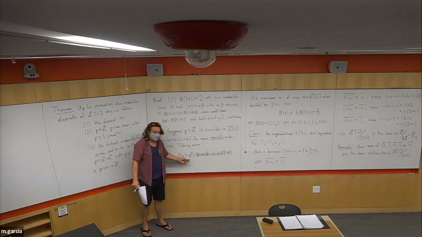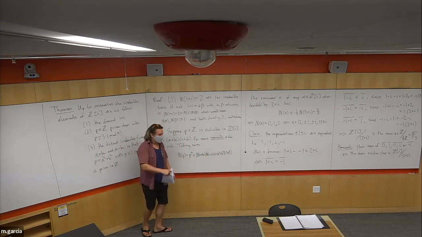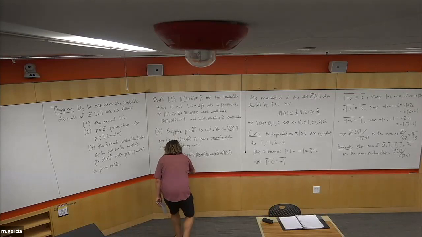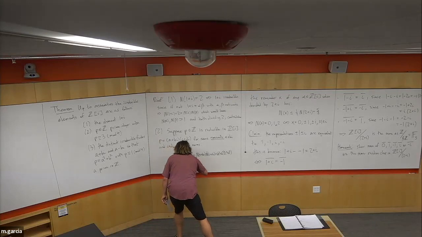Because those are the only non-1 factors of p squared, right? So this implies that a squared plus b squared is equal to p is equal to c squared plus d squared.